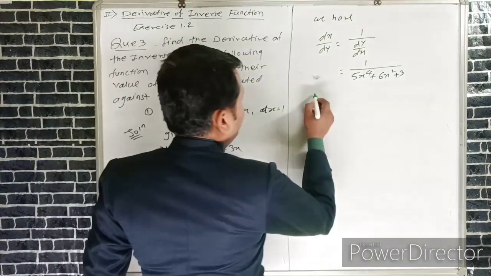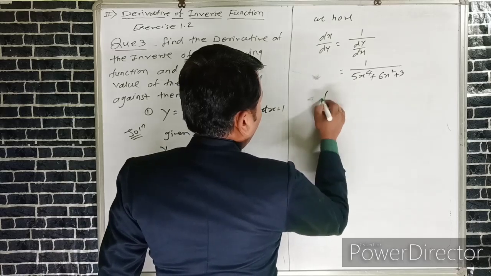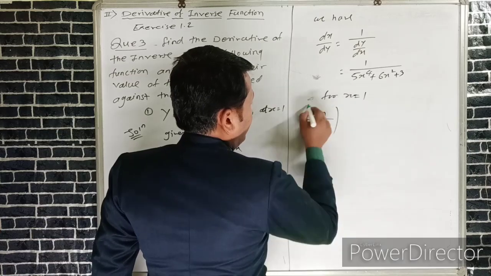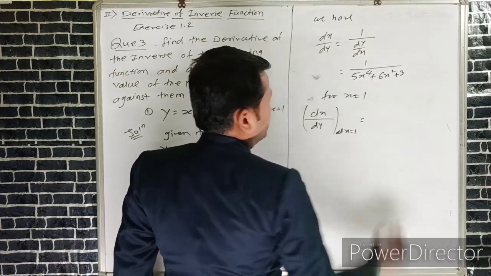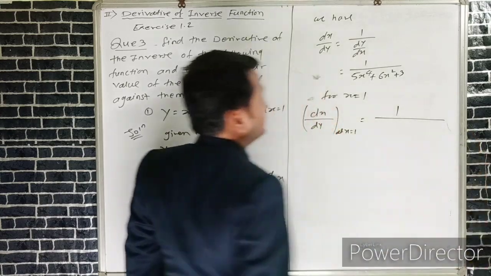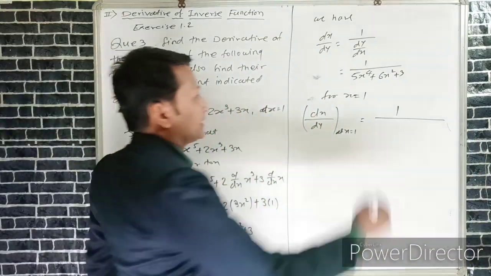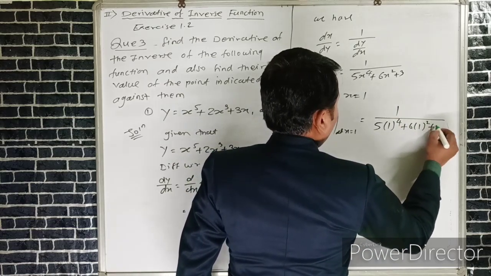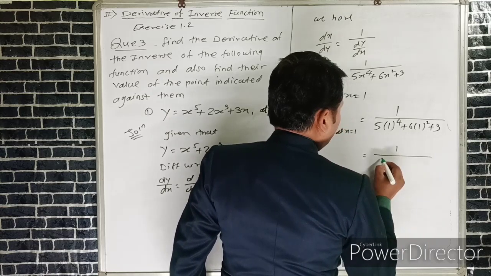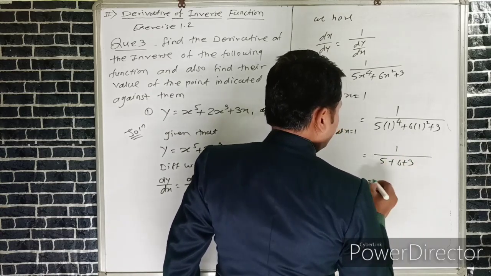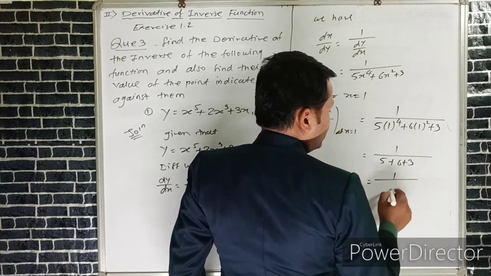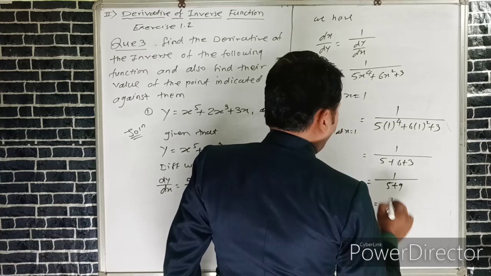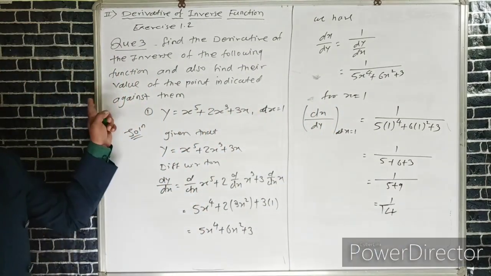Hence, for x is equals to 1, we can write dx upon dy at x is equals to 1 is equals to 1 upon, we replace the value of x by 1. Hence we can write 5 into 1 raised to the power 4 plus 6 into 1 square plus 3. 1 upon 5 plus 6 plus 3, 1 upon 5 plus 9 is equals to 1 upon 14, which is the required value of the given function at the indicated point.